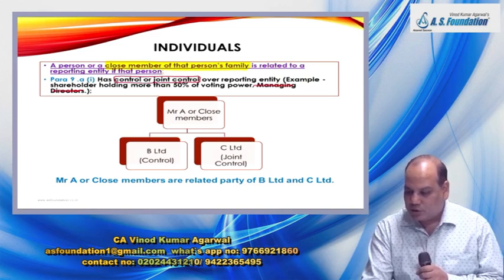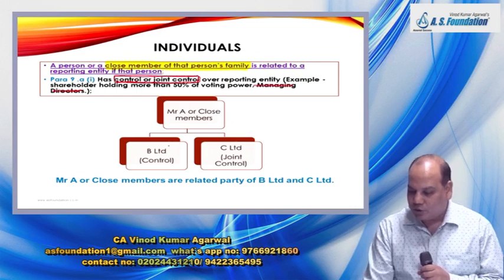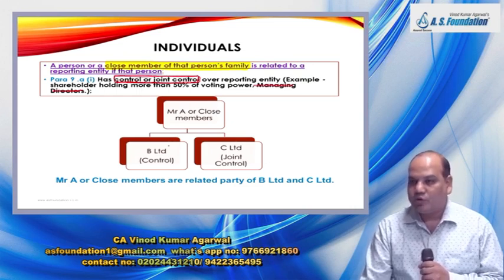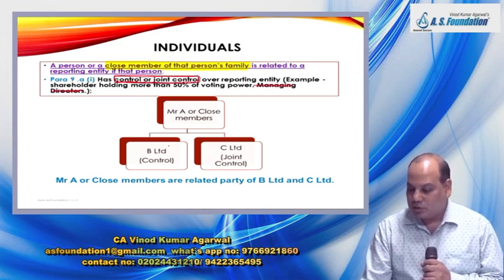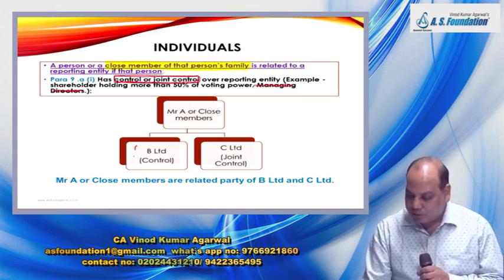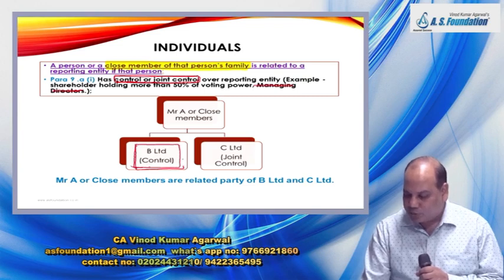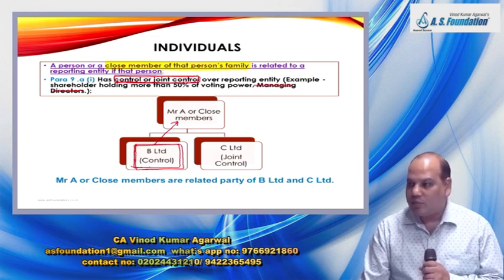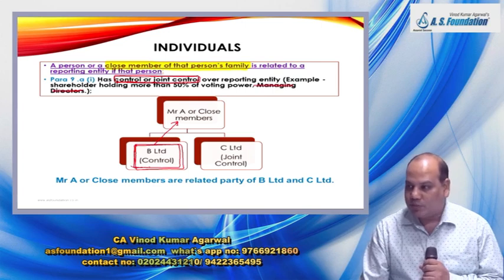All persons or their close family members will become related parties if they control or jointly control another entity. So when you are preparing B's financial statement, suppose B is the reporting entity, then Mr. A is a related party if A controls B, and his close family members also.